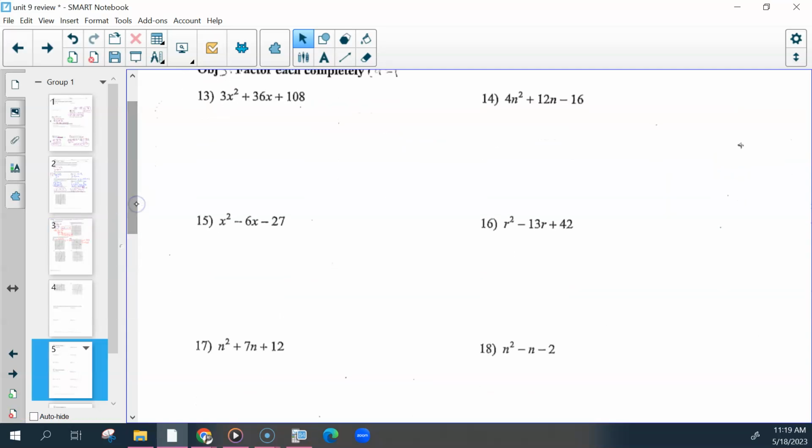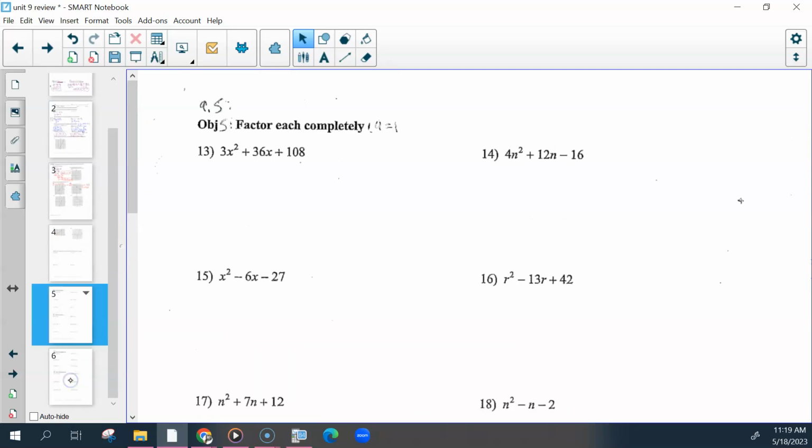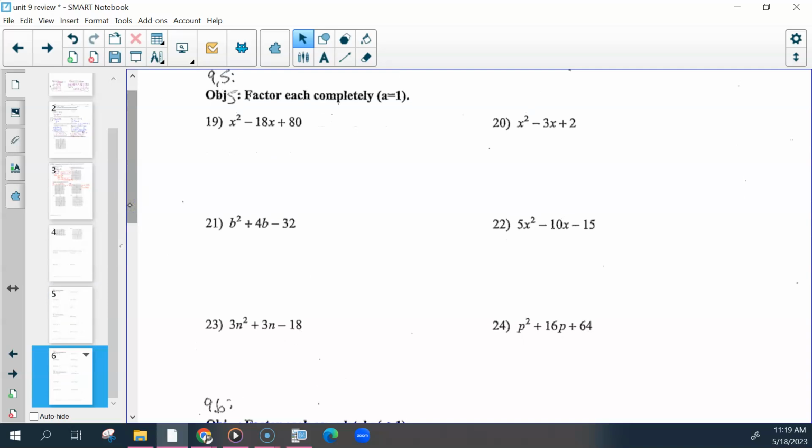On the last two pages, they're both factoring. So look at just 9.5. Which of those do we want to see you go over? 18.